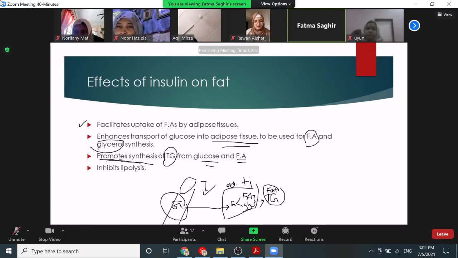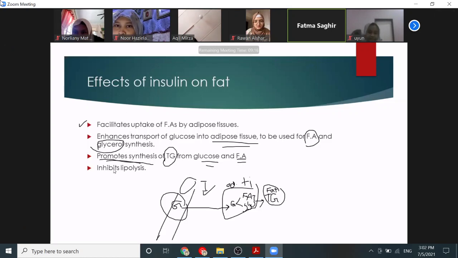And insulin itself, the other thing is that insulin inhibits breakdown of triglyceride into free fatty acids and glycerol.